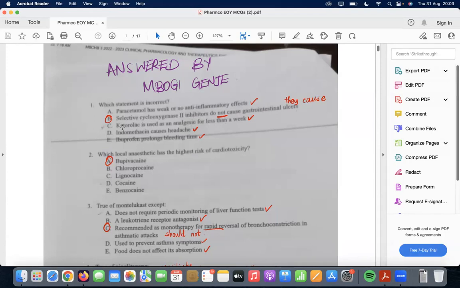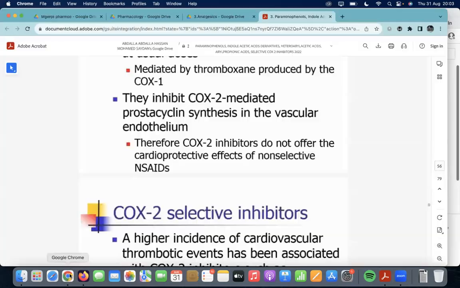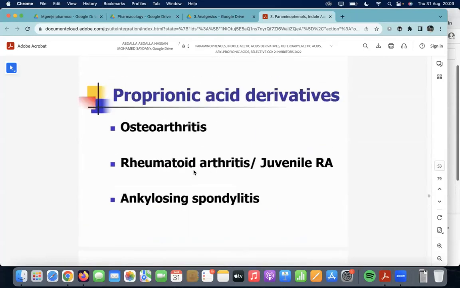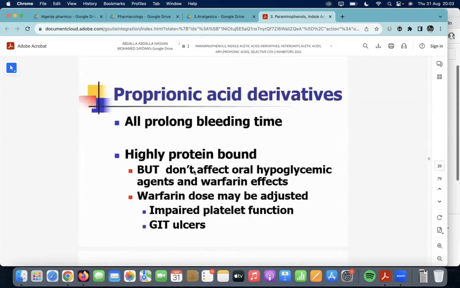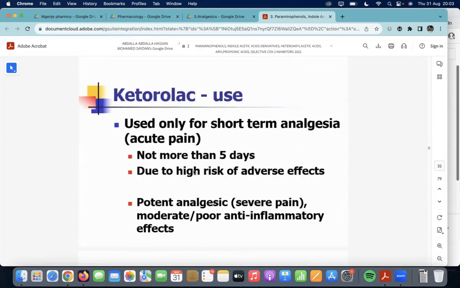Again, this is directly from the notes. It's in slide 35, so let me go there. I hope you noticed that the question was just lifted from this PDF, the way it is.